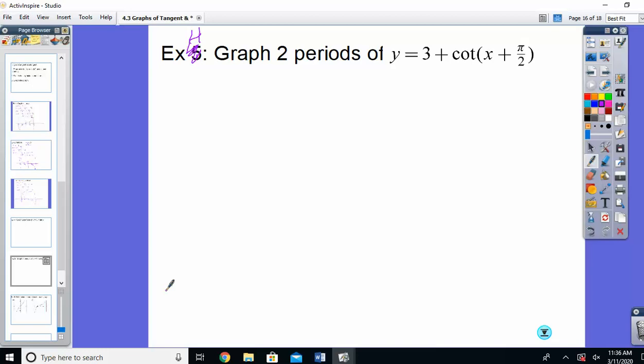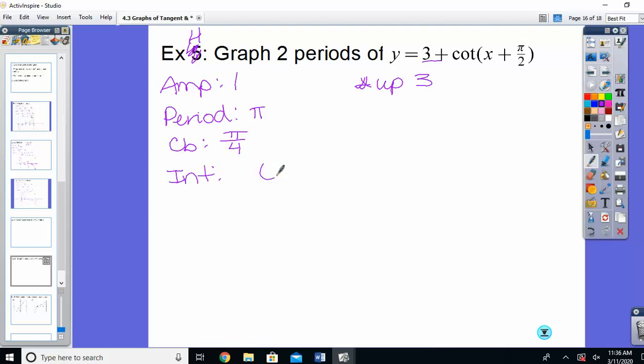Alright, what's my amplitude? 1. Period. Pi. Pi divided by 1 is still pi. So count by period divided by 4, pi over 4. What's this 3 doing to my graph? And what else do I have to set up?